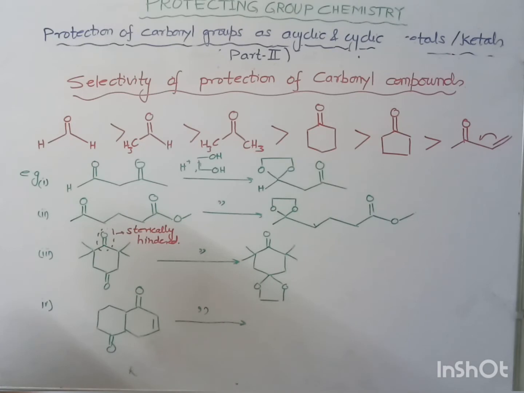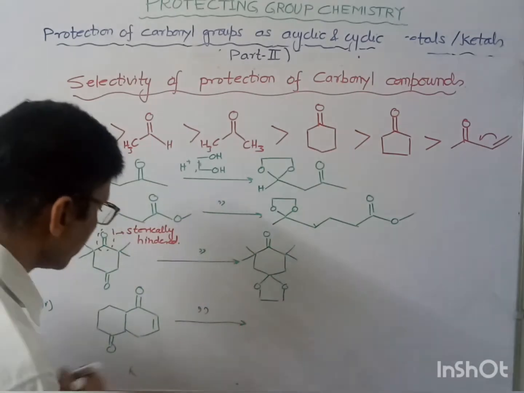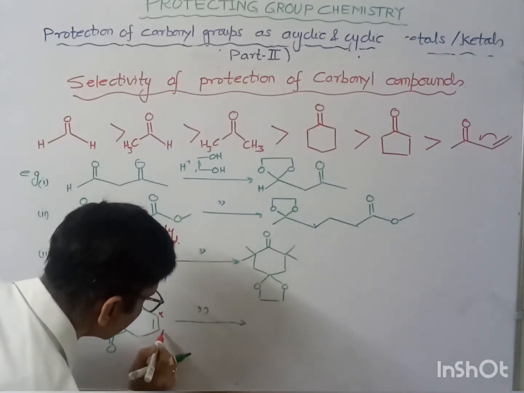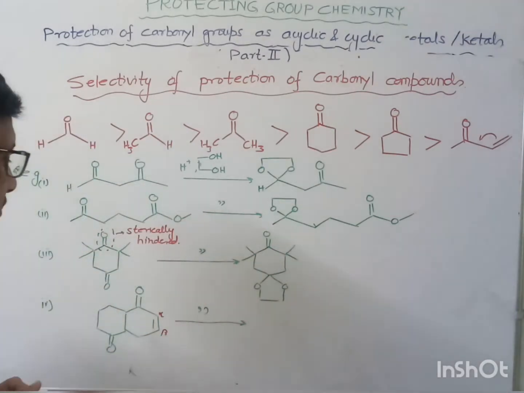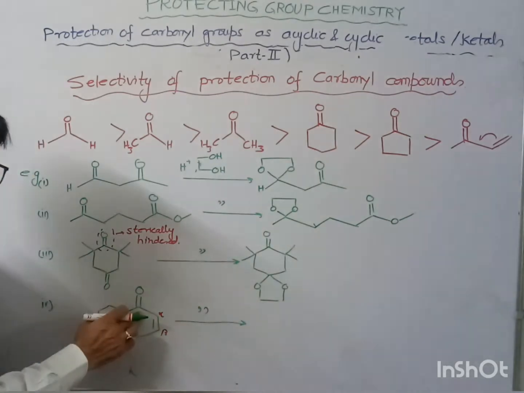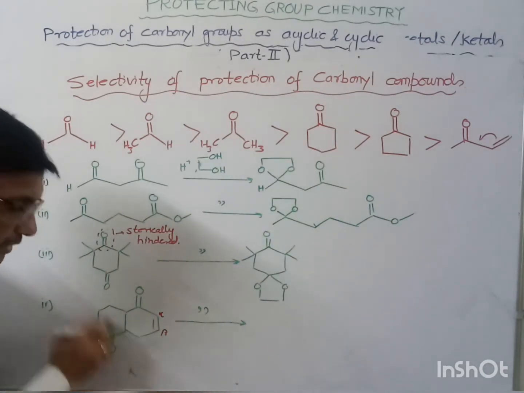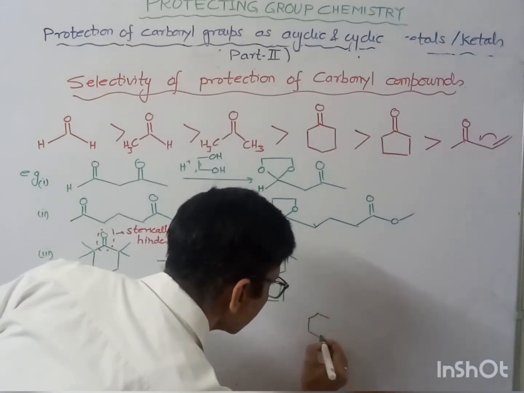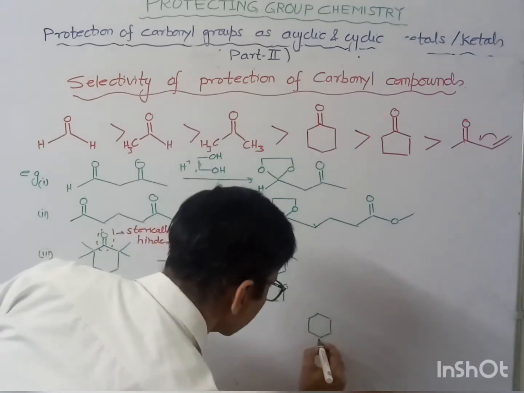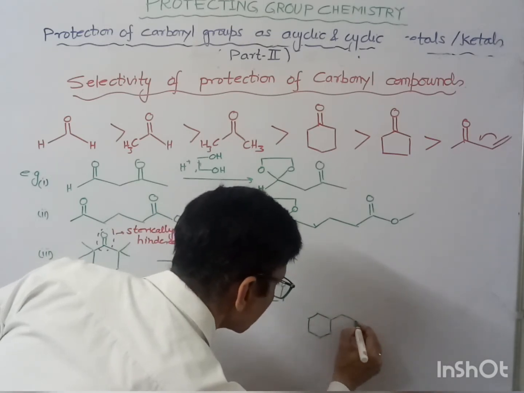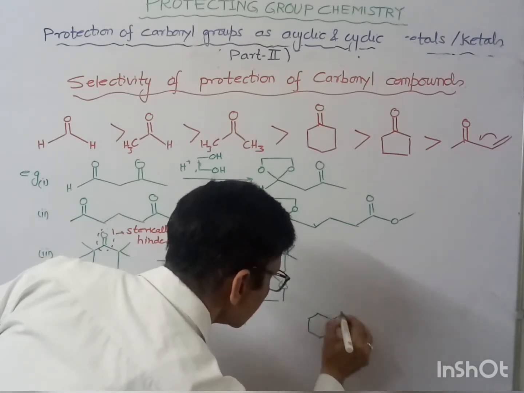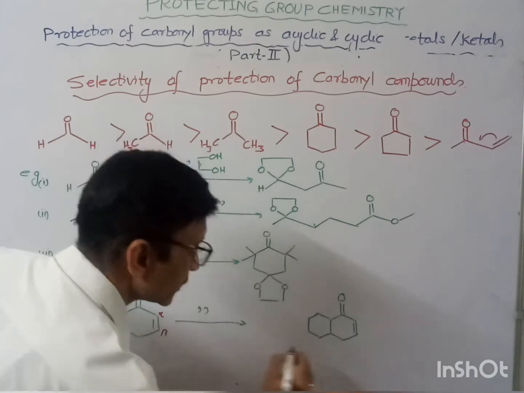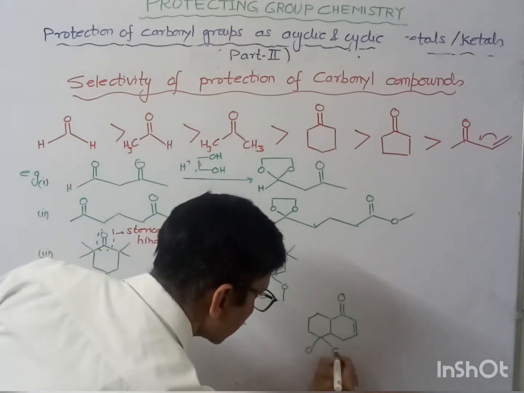Which will be protected? No doubt this carbonyl group will be protected, because this other is an alpha beta unsaturated carbonyl, and this center being the less reactive will get protected. So this would be the product. This will remain unprotected and we will protect this one.